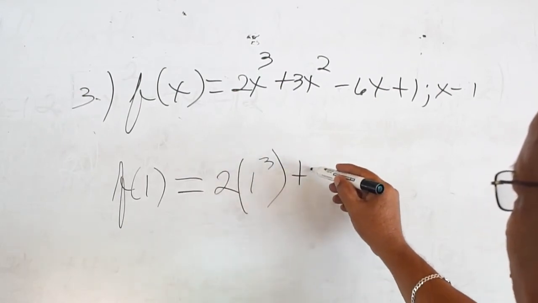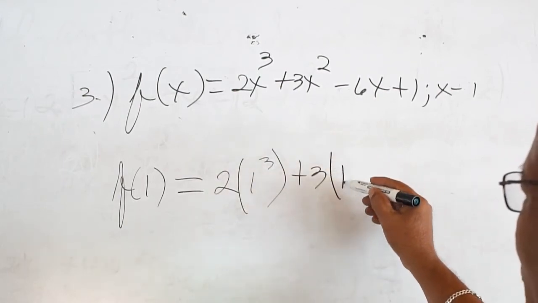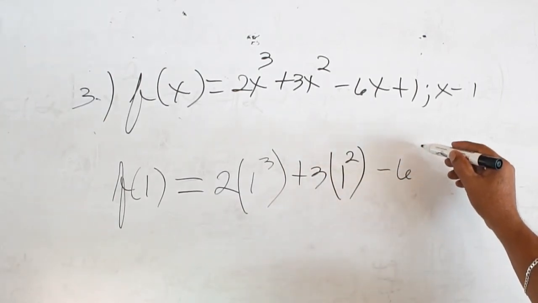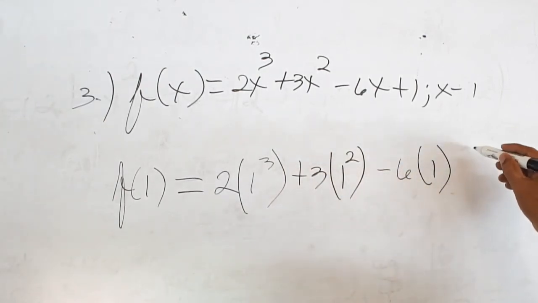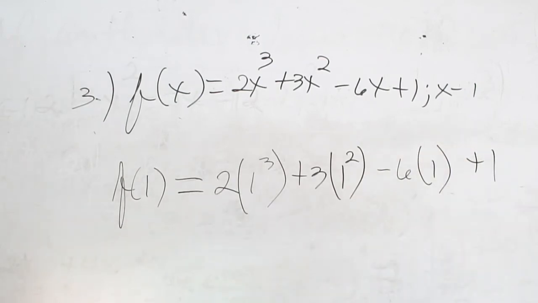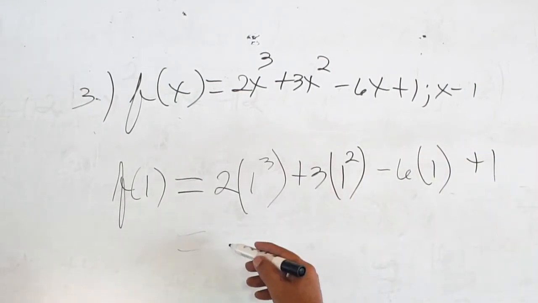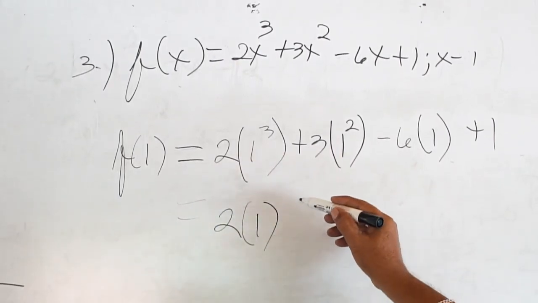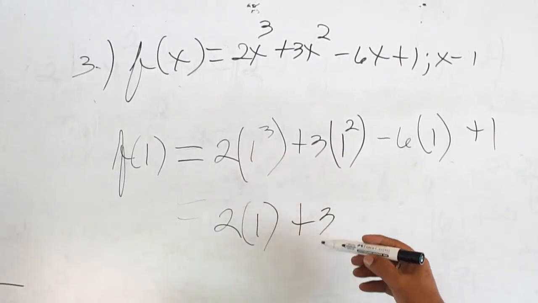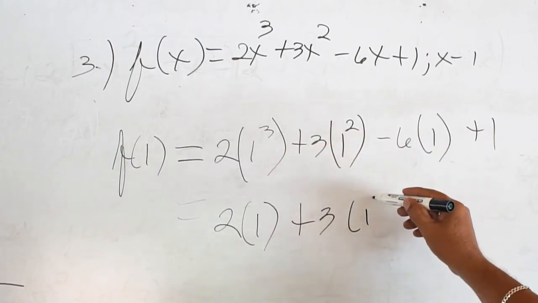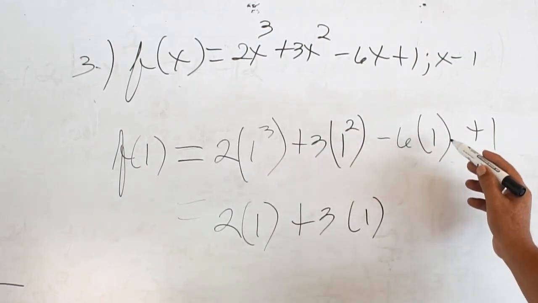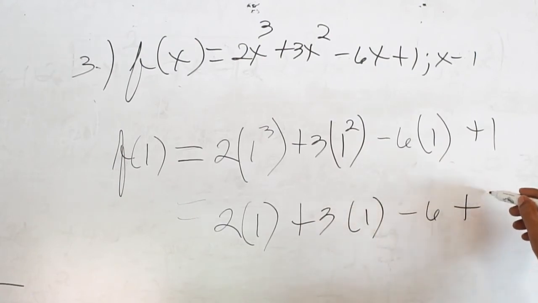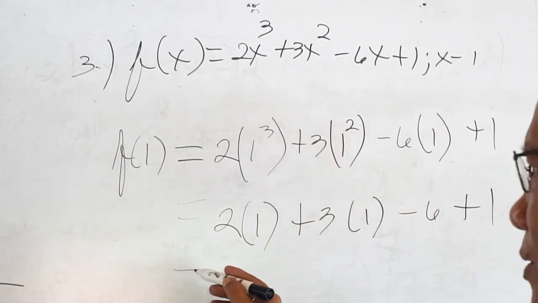Then we have positive 3, multiply it by 1 squared. Then we have negative 6, multiply it by 1. Then we have positive 1. Okay, so simplify. The cube of 1 is 1. Then positive 3. The square of 1 is 1. Then multiply. Positive 1 times negative 6. We have here negative 6.